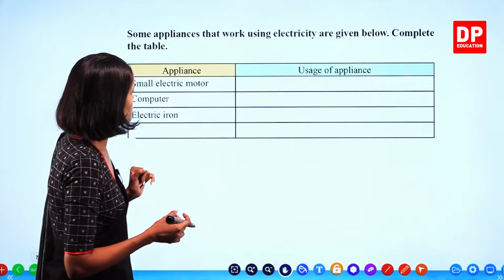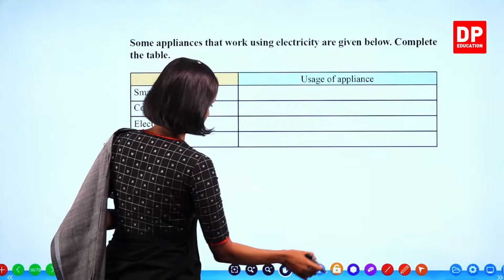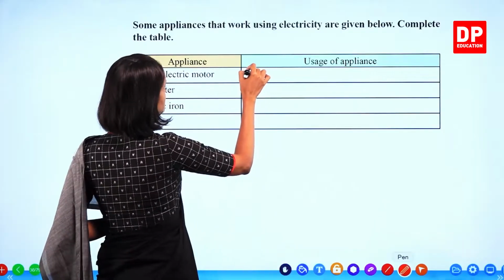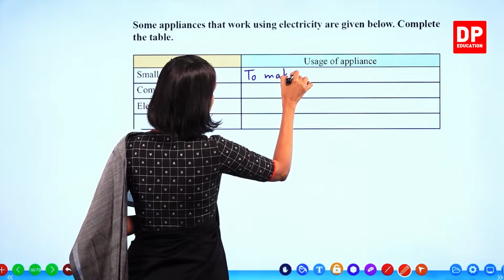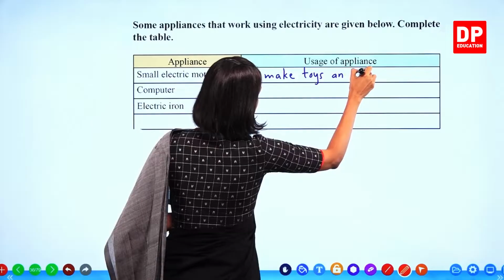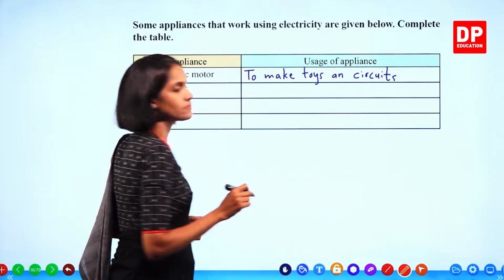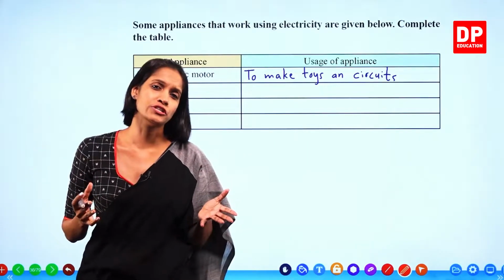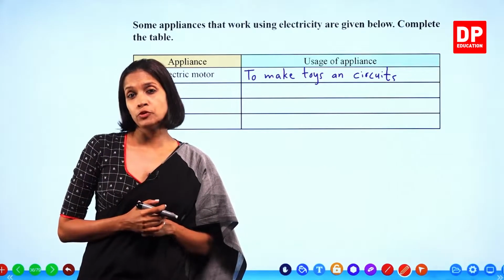Okay, we'll write usage of appliances. To make toys and circuits. Okay. Computer. Why do we need a computer, children? You all know we can learn many things using computers, right?